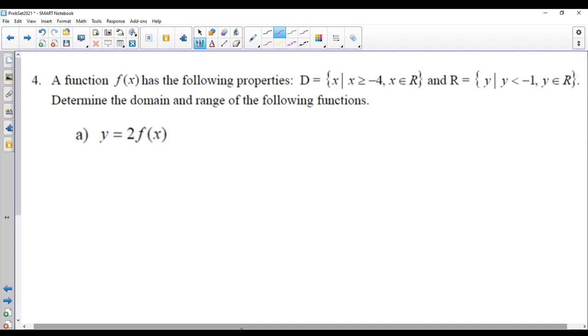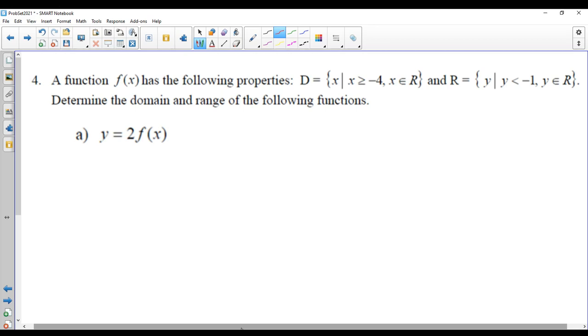So they give you a function, domain, and range. They didn't tell what the function was. They didn't say here's a function. They said here is the domain and range. I'm giving you the domain and range. Then they say, give me the domain and range if you take that function and do stuff with it.